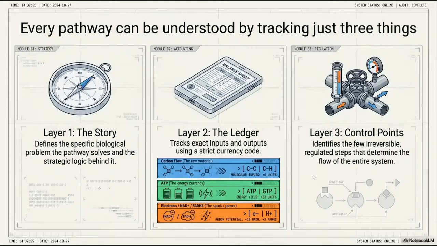Okay, so that means 3 layers are involved. The first one is called the story, the second one is called the ledger stage, and the third one is called the control point.